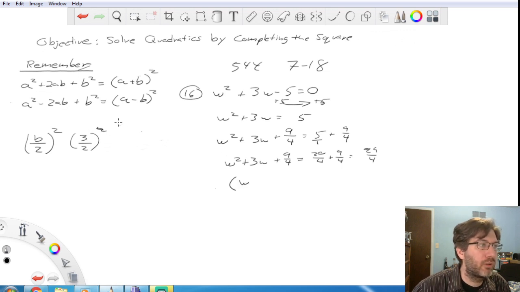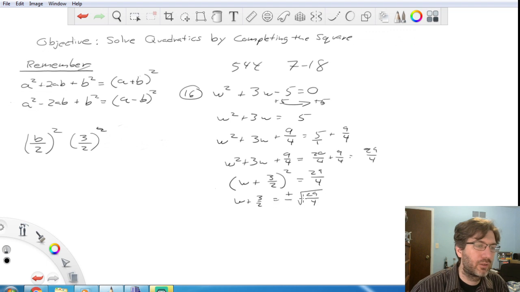So in this case we have w, and again this is a plus, so we're using the plus sign, plus 3/2 squared equals 29/4. Take the square root of both sides, you get w plus 3/2 equals plus or minus the square root of 29/4. Again, if you prefer actually solving the square root of 4, you could write this as w plus 3/2 equals plus or minus square root of 29 over 2.